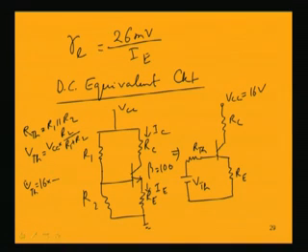So we will be getting 16 into 16 by 16 plus 68, and that gives, just check these values, 3.05 volt. We will be getting the V Thevenin, and R Thevenin is this 16 into 68 kilo ohm, and the value will be 12.95 kilo ohm.